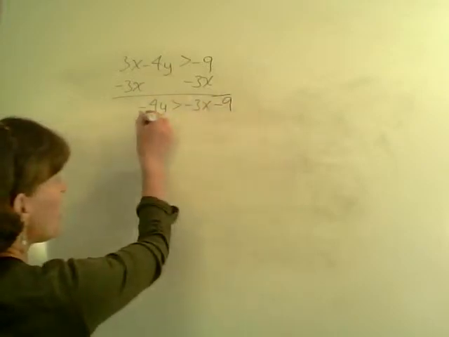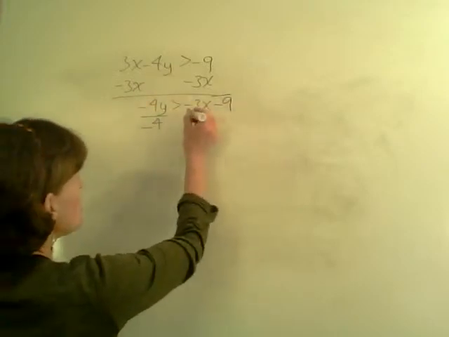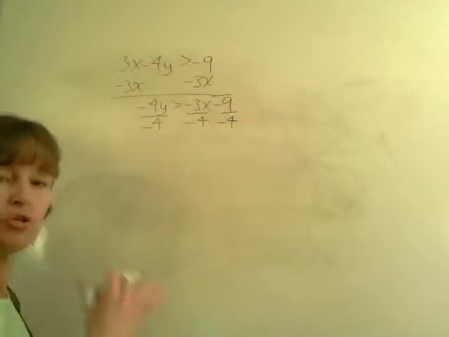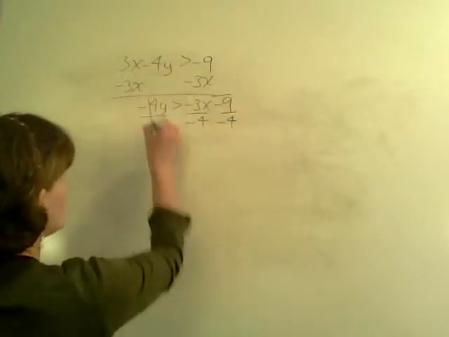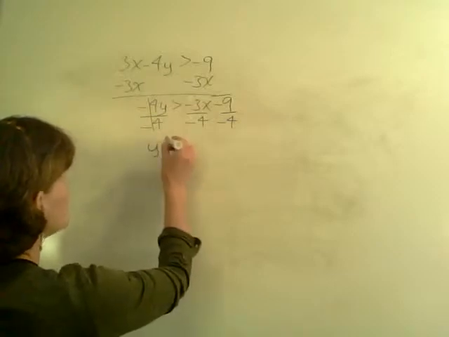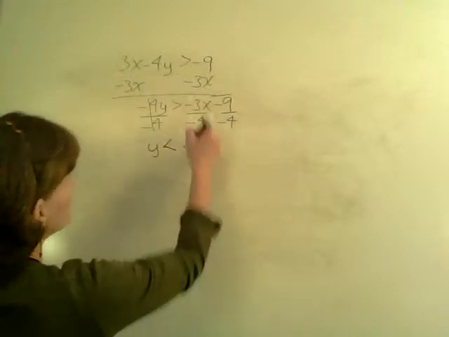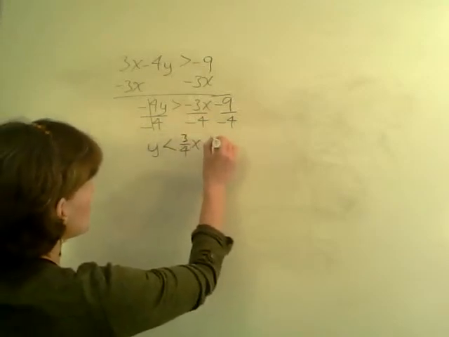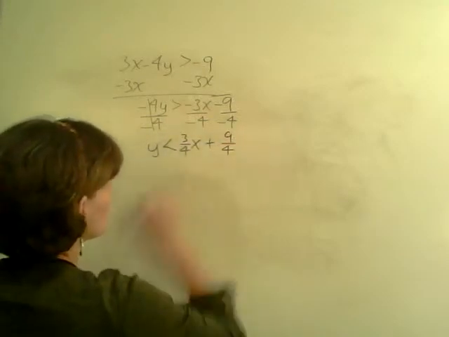And now I'm going to divide by negative 4. Now remember that when you divide by a negative number with an inequality sign, you always flip the sign. So this becomes y is less than, and then the negative signs cancel here, 3/4 x plus 9/4.